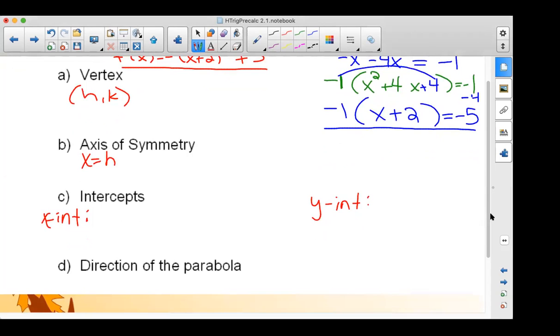So x-intercepts, vertex, axis of symmetry, y-intercept should be no work. Just the x-intercepts. That's the rest of the work that we have to do for this problem.